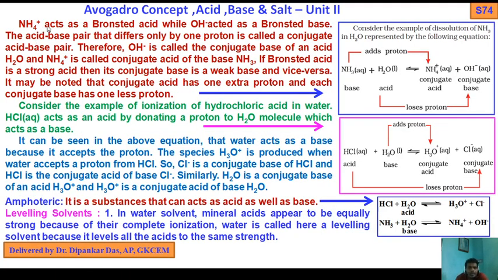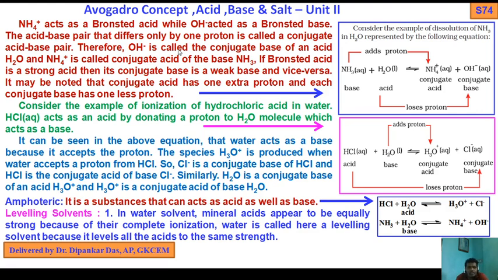Now NH4 plus acts as a Bronsted acid. Ammonium ion acts as a Bronsted acid while OH minus ion acts as a Bronsted base. The acid-base pair that differs only by one proton is called a conjugate acid-base pair.